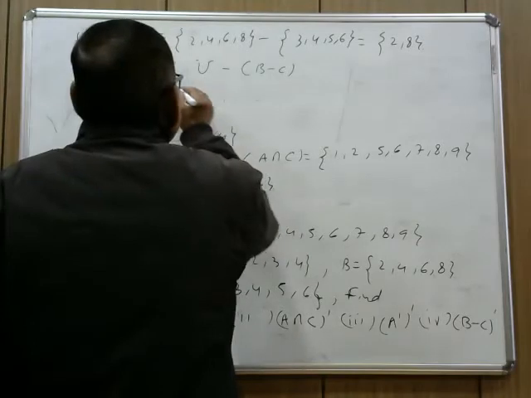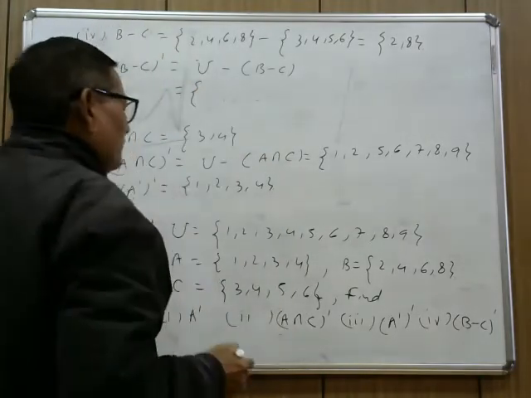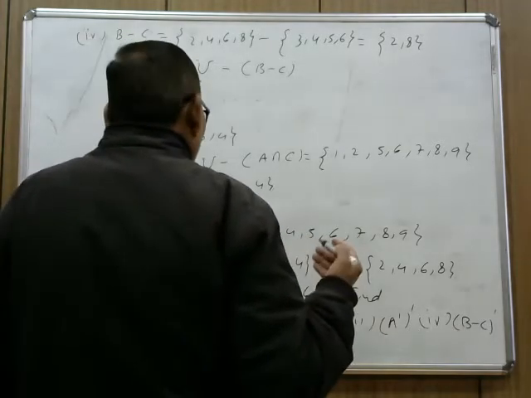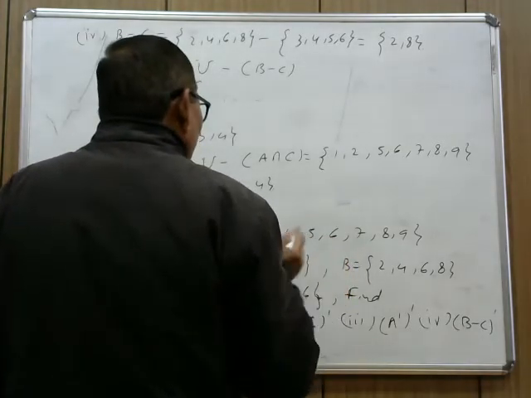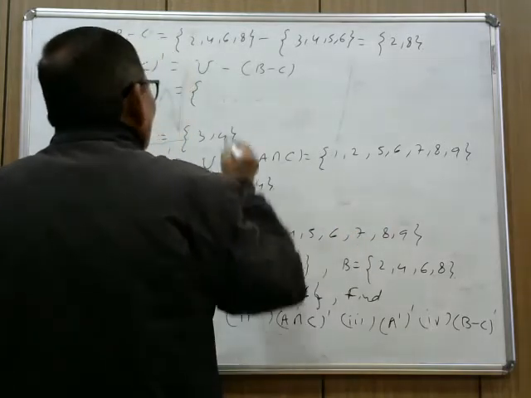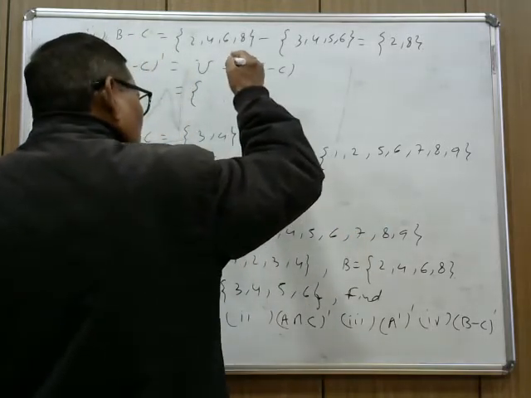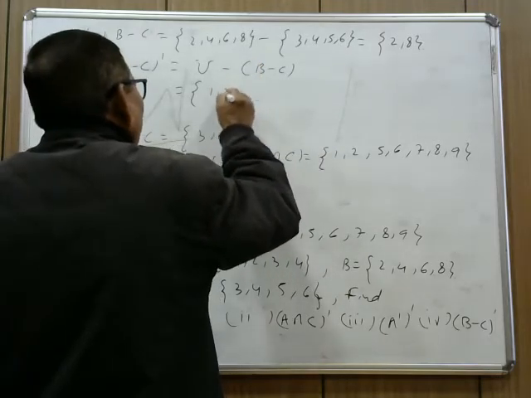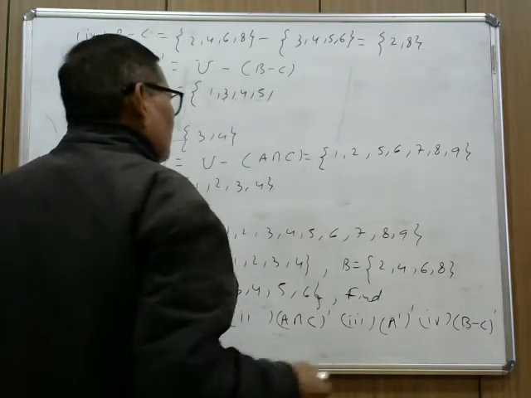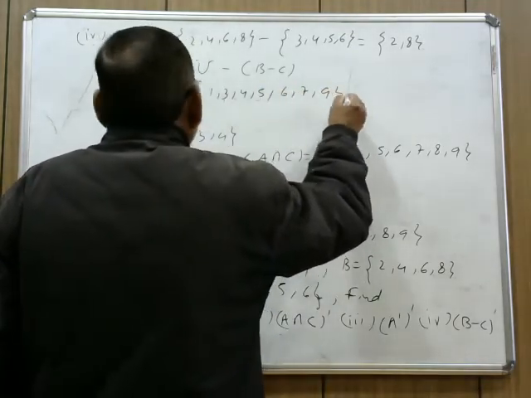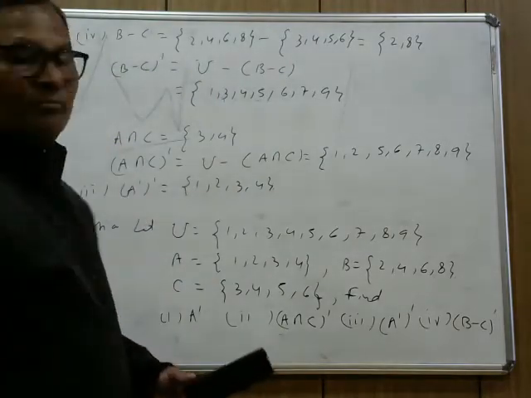You delete 2, 8 from the universal set and write the remaining elements. So your elements in this set are 1, 3, 4, 5, 6, 7, 9. These are the elements of B minus C complement.